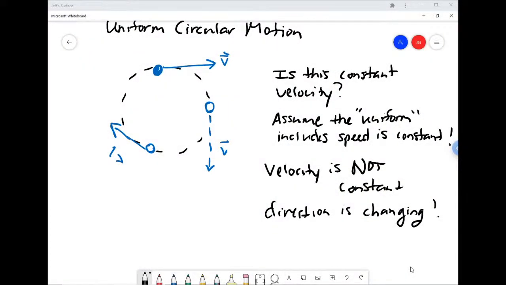Center pointing is what the word centripetal means. So we call this a centripetal acceleration. The things that are uniform here are v, the speed, is constant, and r is constant.